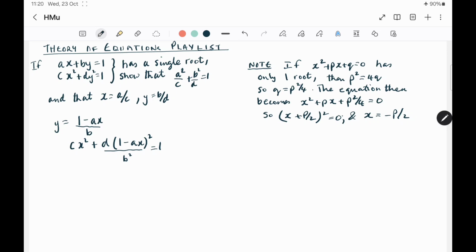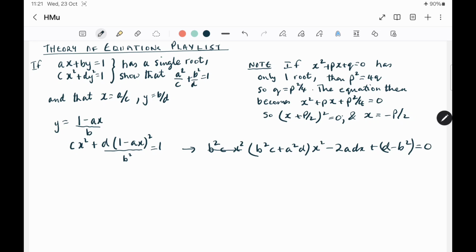And when you simplify all that and tidy it up, it should come down quite easily to the following: let me rewrite that, that'll be b squared c plus a squared d, x squared minus 2adx plus d minus b squared is 0.